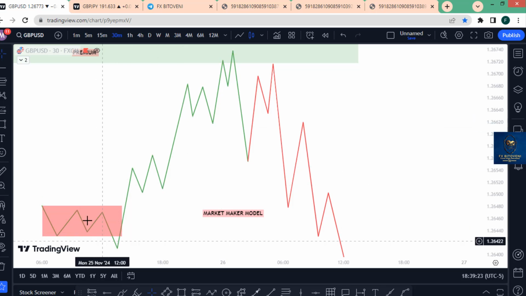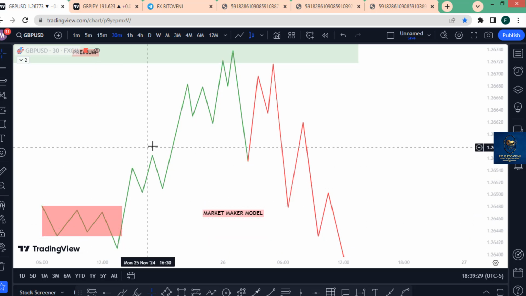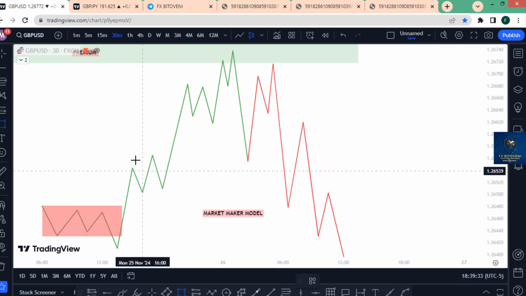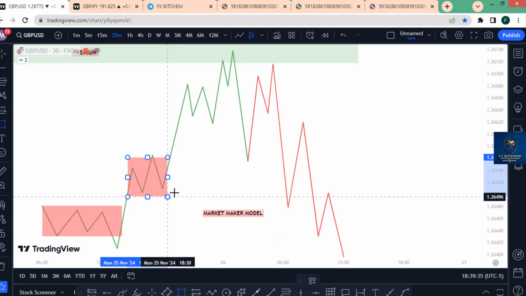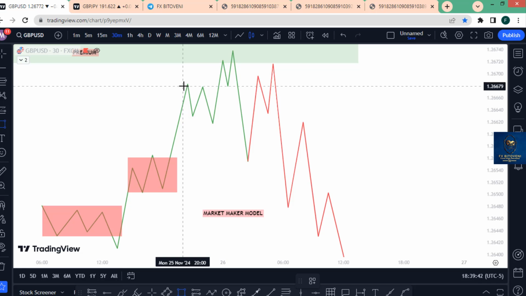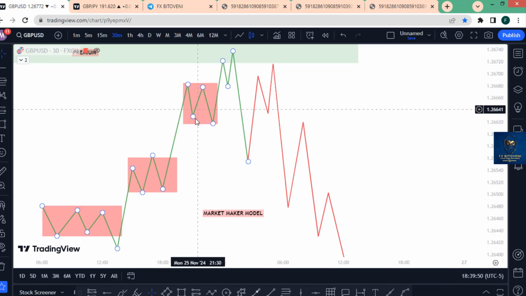After this consolidation, this accumulation forms, there will be another reaccumulation created in this area, and then price will go higher and create another point of reaccumulation.